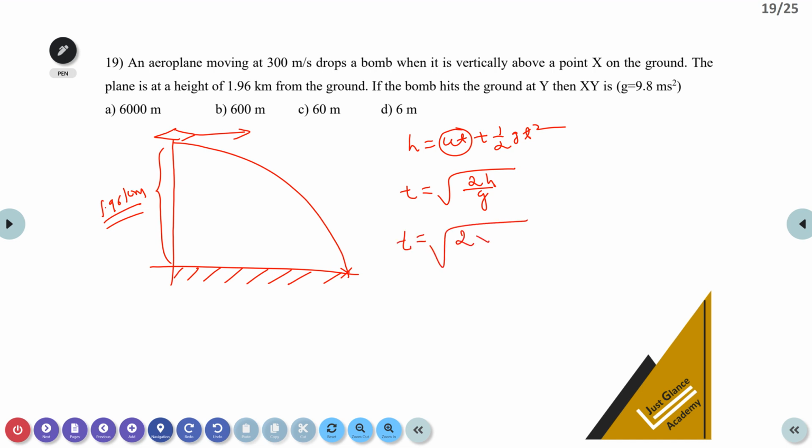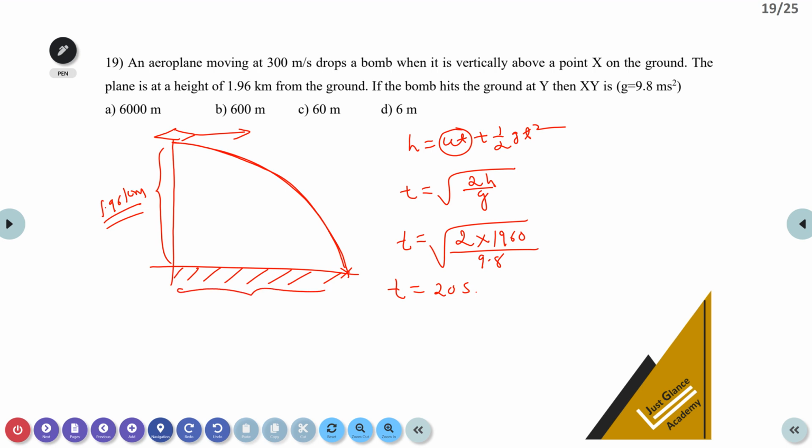Then t equal to square root of 2 into 1960 divided by 9.8, converting kilometer to meter. Then this becomes 20 seconds. So the particle hits the ground after 20 seconds. He is asking for the distance.